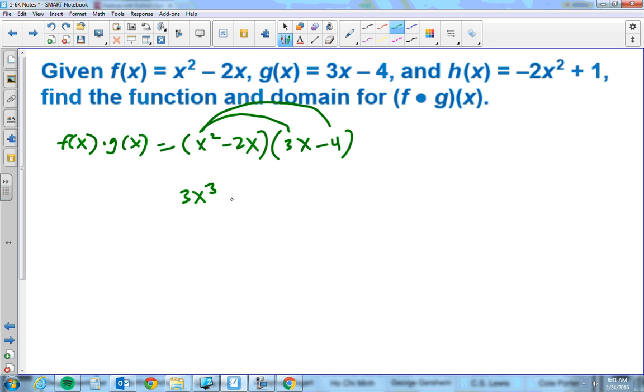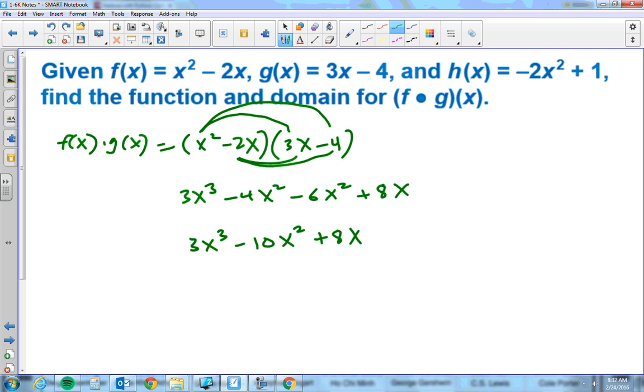Then outer gives you minus 4x squared. The inner two give you minus 6x squared. And the last, positive 8x. This time you do get some like terms. So the middle two terms are both squared terms. Combine those, and we're done. That's your product function.